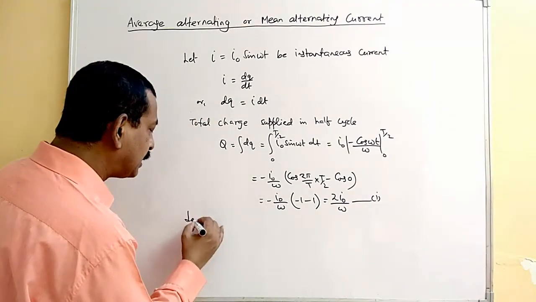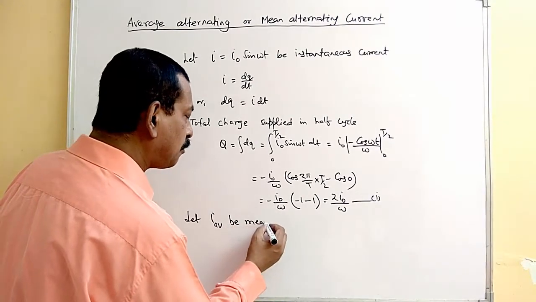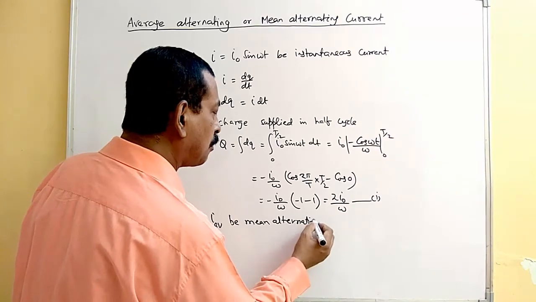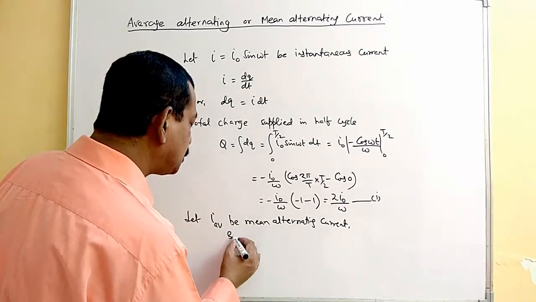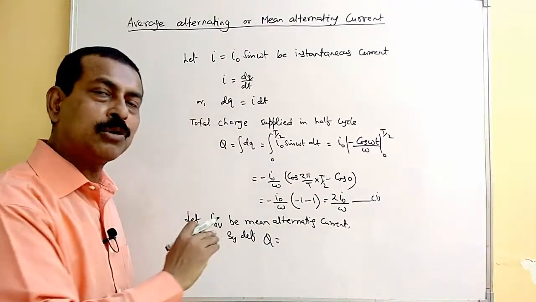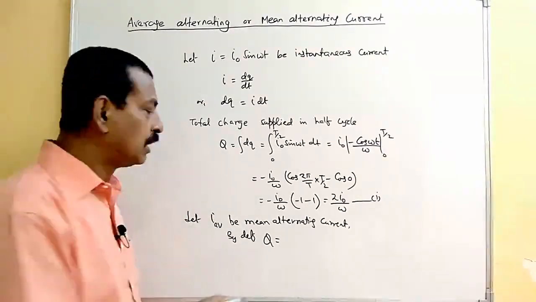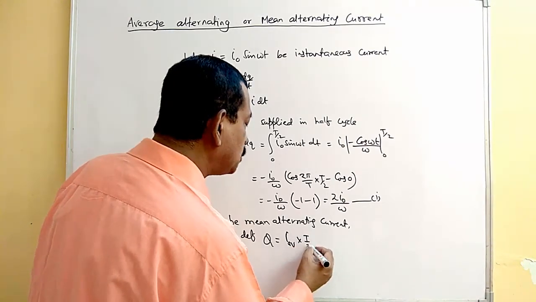Now let I average be the mean alternating current. By definition, what can we write? It will supply the same amount of charge in the same duration of time, that is the half cycle. So Q will be equal to I average into T by 2.